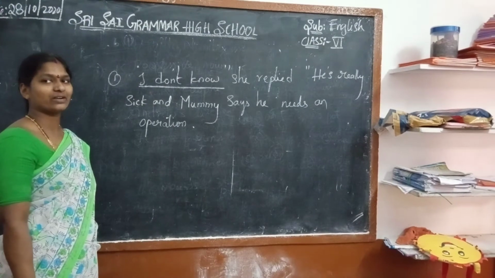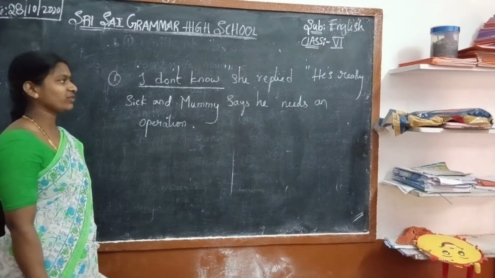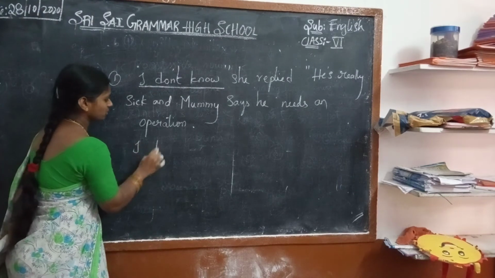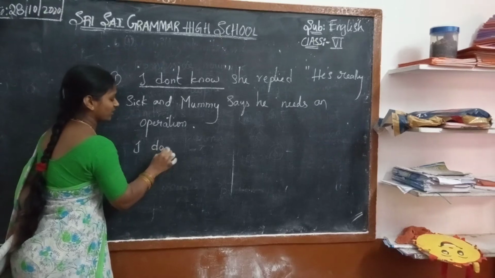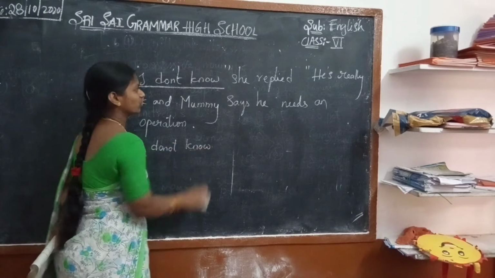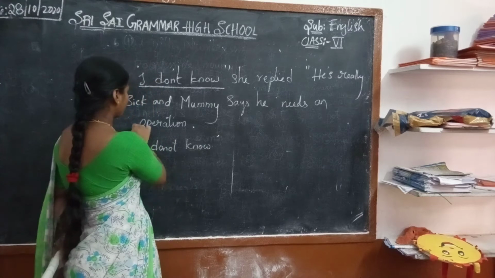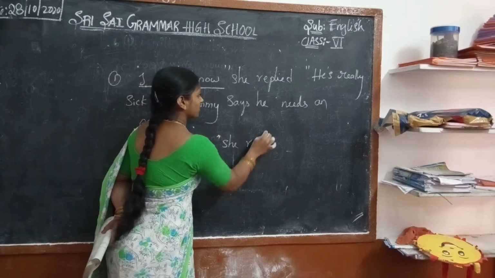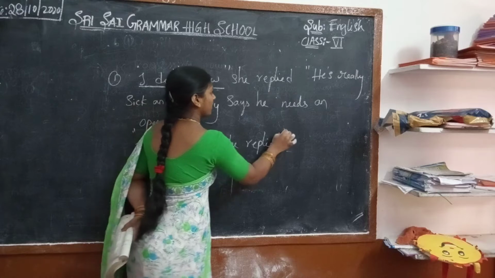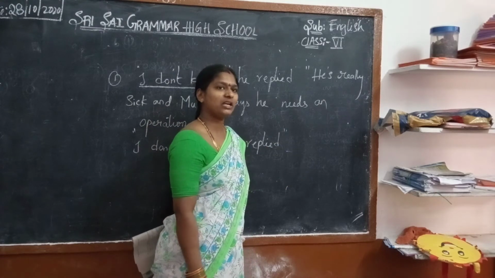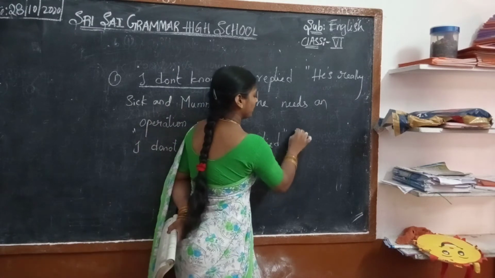Now we are going to convert it to long form and write the sentence. Here, I don't can be written as I do not. So: I do not know, she replied. He's means he is really.